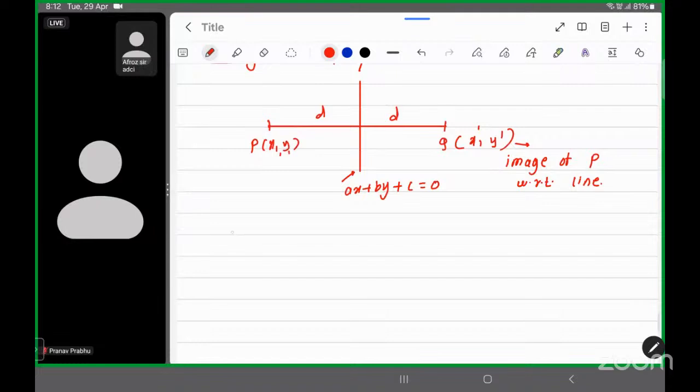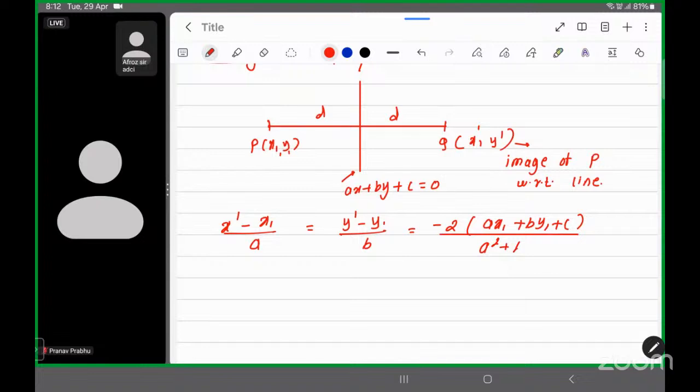Then what we will get? (x dash minus x1) upon a is equal to (y dash minus y1) upon b is equal to minus 2 times (a x1 plus b y1 plus c) upon (a square plus b square). This is the formula, the shortcut to find the image of a point with respect to a line.